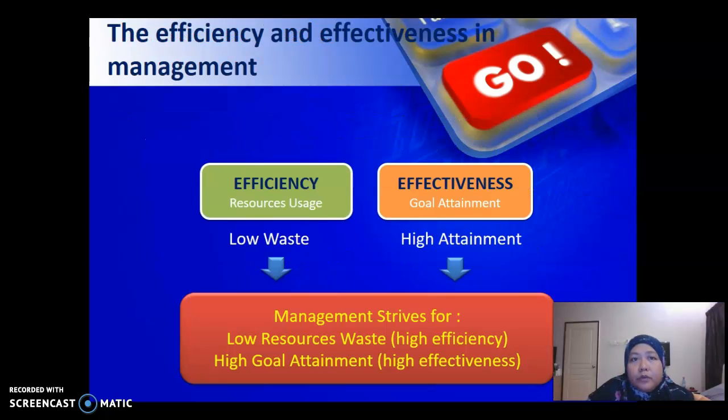Okay, so the words efficiency and effectiveness. So efficiency, what does it mean? Efficiency means how you use your resources. Okay, if you have staff, facility, or material, can you save the money, save the cost, and make sure the waste is very low.